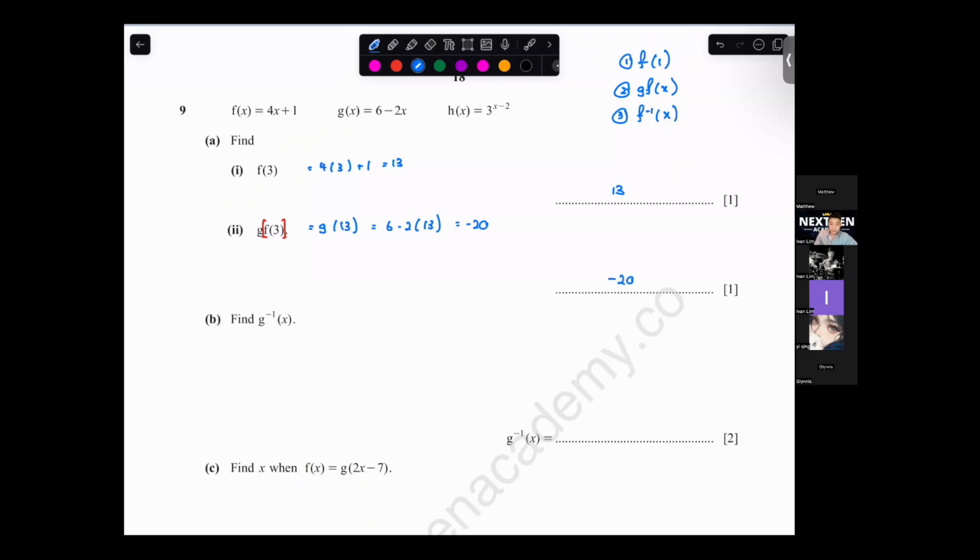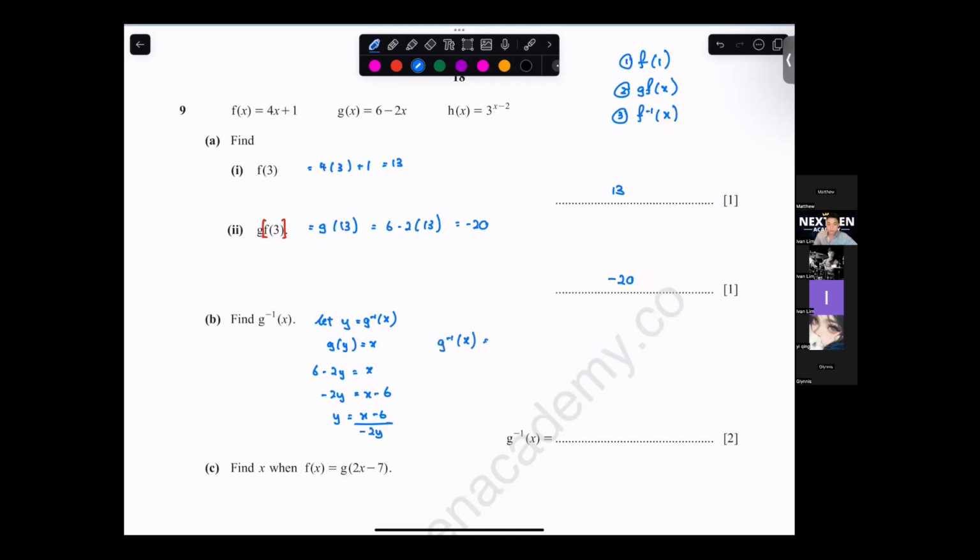g inverse x. Okay, for me, I like to do this step. Let y equal g inverse x. Then g(y) equals x. So 6 minus 2y equals x. Make y the subject: y equals x minus 6 over negative 2.